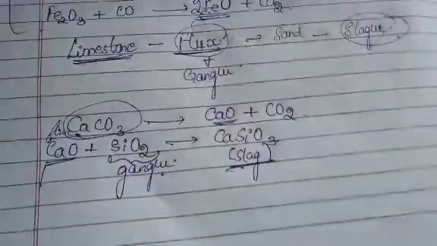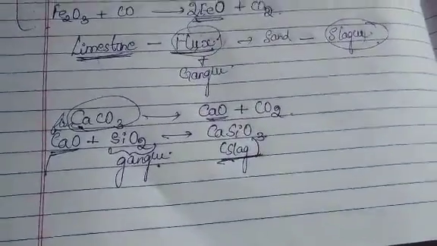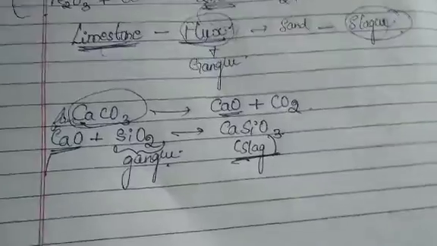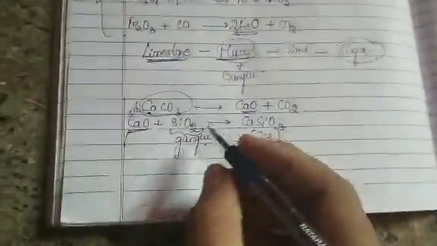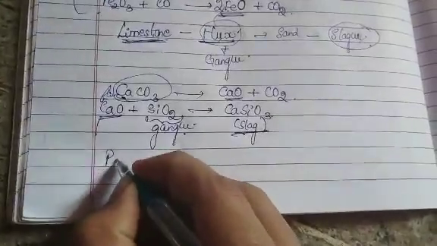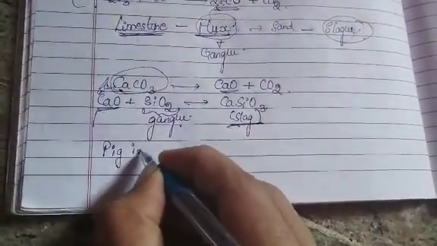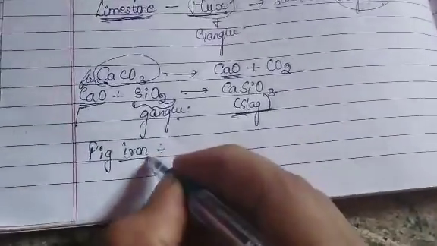Now the question arises, why is it called pig iron? Or in simple words, is the iron we obtain from the blast furnace a high quality iron? The answer is no. So remember, guys, whatever iron we obtain by utilizing coke as a reducing agent in the blast furnace is called pig iron.